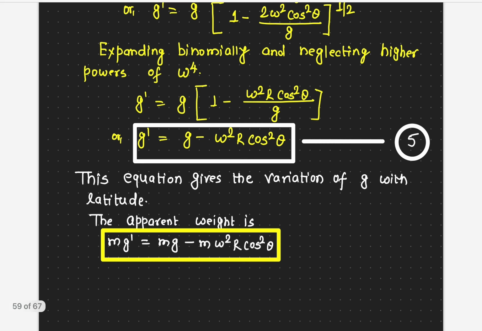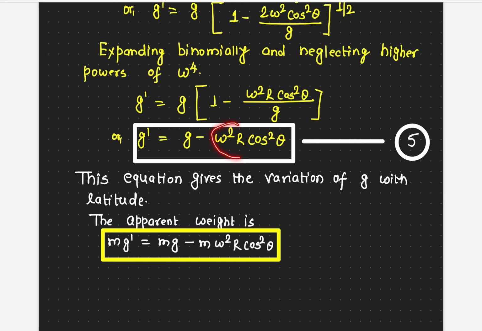So simplifying further, this will be the final equation of the apparent acceleration due to gravity. Let me explain each term here. This term is the acceleration due to gravity, considering the mass and the radius of the earth.